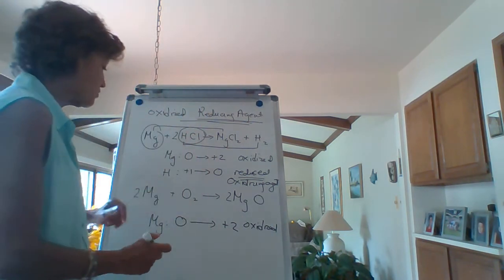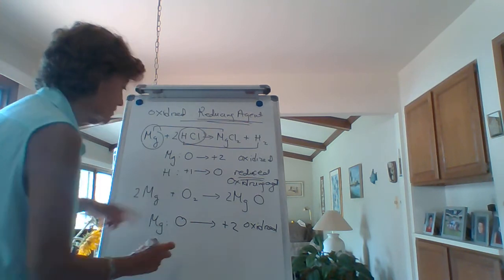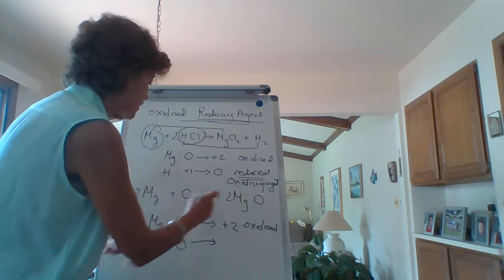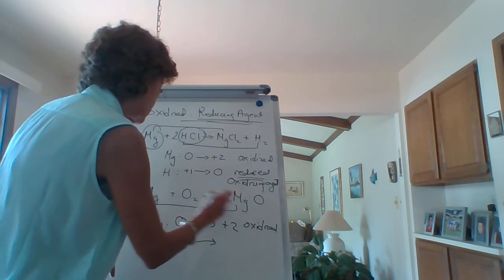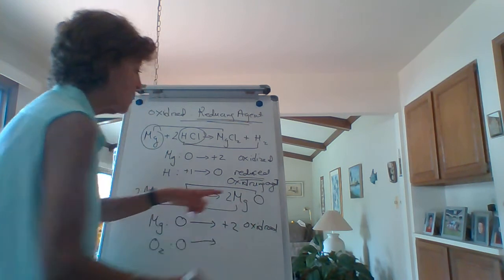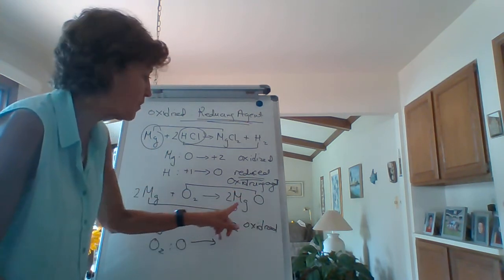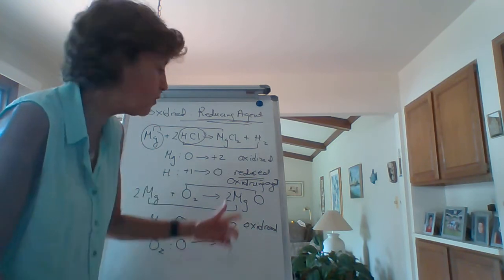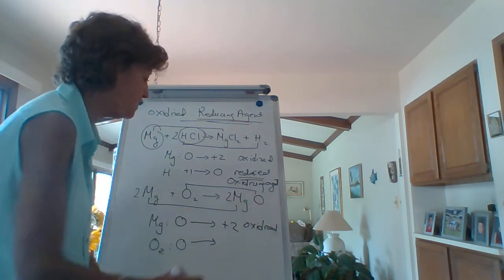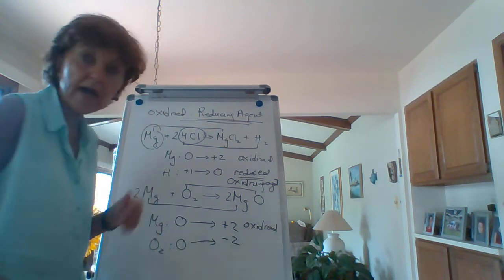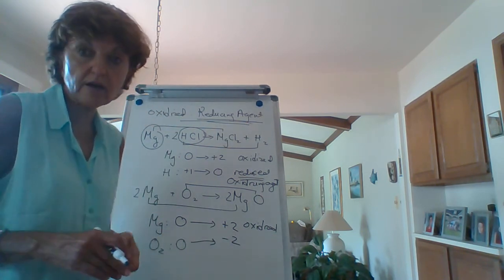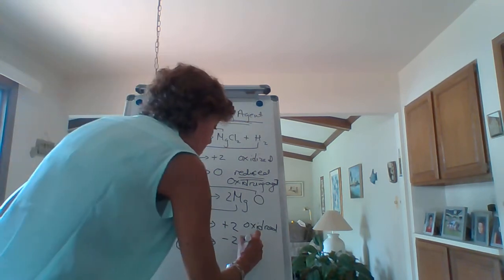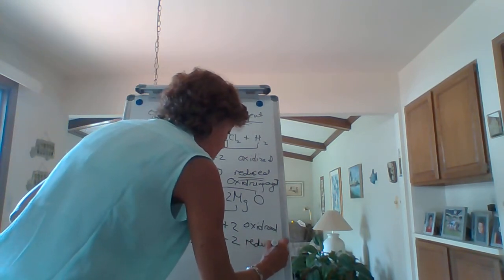Now let's try the oxygen. Oxygen all by itself is 0. Over here, oxygen is part of a compound. The sum of the oxidation numbers has to equal 0. This is +2, this is -2. So the oxidation number of the oxygen went down, from 0 to -2, so it got reduced.